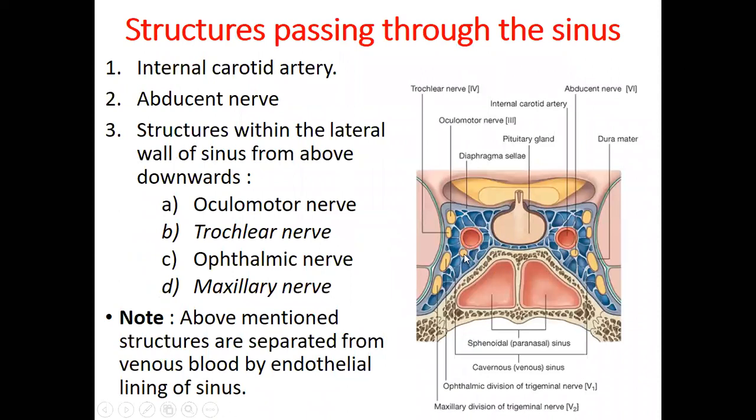Near the internal carotid artery is the abducens nerve, and near the lateral wall, from above downward, the third cranial nerve, oculomotor, below that the fourth cranial nerve, trochlear nerve, and these are two divisions of the trigeminal nerve, ophthalmic and maxillary nerve. All the above mentioned structures, the internal carotid artery and nerves, are separated from venous blood by the endothelial lining of the sinus.